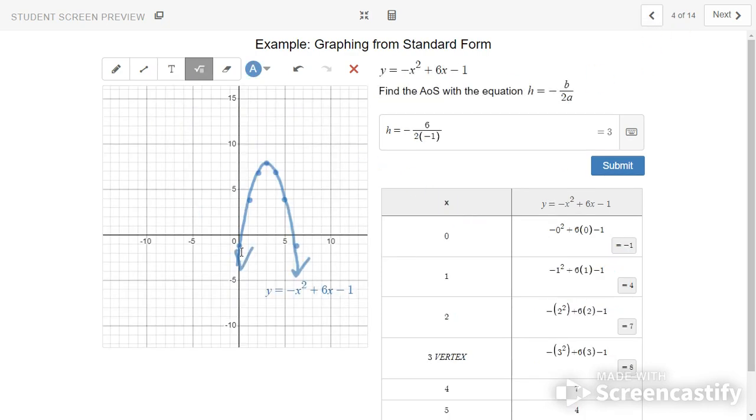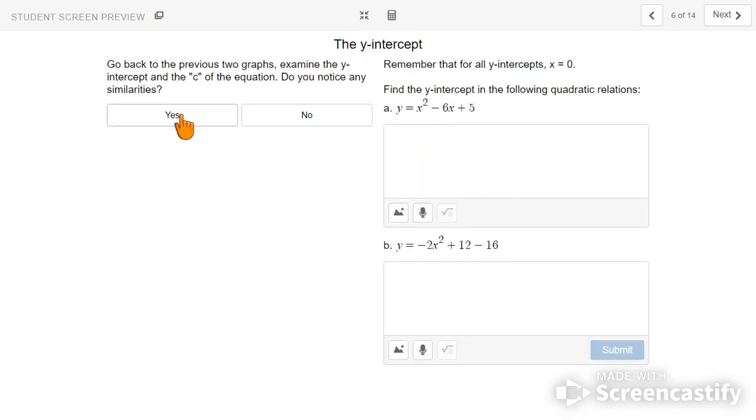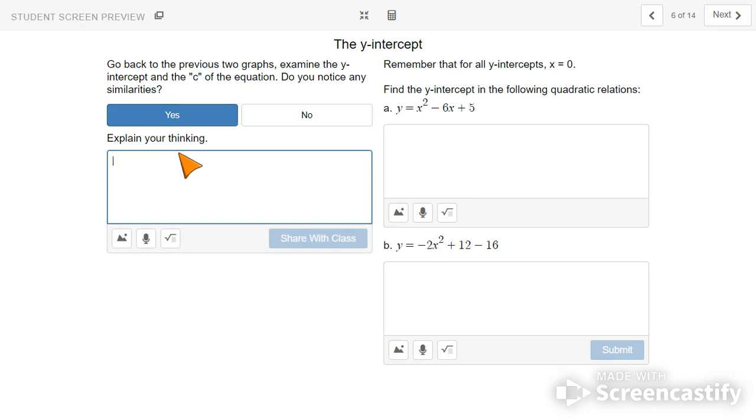Okay, the first graph that we drew, y-intercept 0 and negative 1. The equation y is equal to negative x squared plus 6x minus 1. Now you're probably going to say to me, yeah, I did notice some similarities.